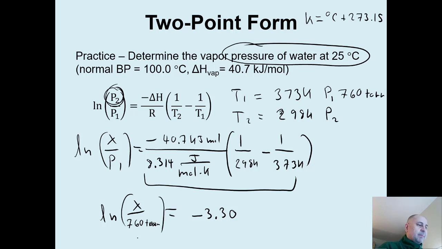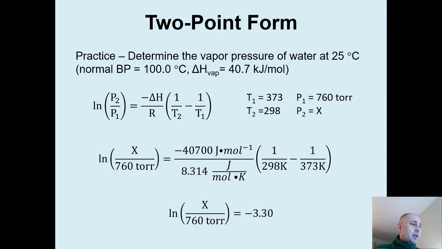And so how do we get rid of the natural log? We take the inverse natural log, which means that e to the negative 3.30 is going to be equal to X over 760 torr. And you may want to play around with your calculator to see if you can find the inverse natural log. There's the inverse log and the inverse natural log. It should just be pretty easy to find on your calculator.